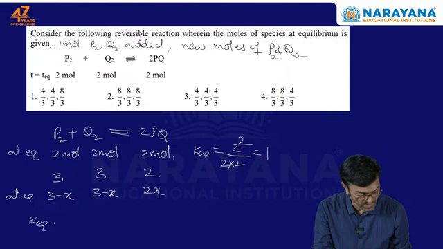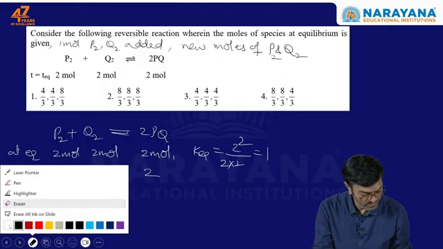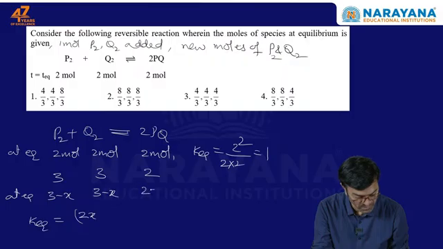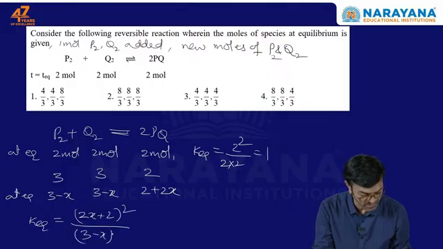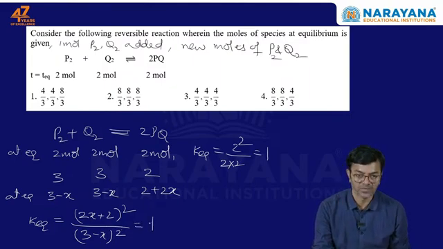So Keq, equilibrium constant will be 2 plus 2x whole square by 3 minus x whole square, which will be equal to 1, because equilibrium constant depends only on temperature.